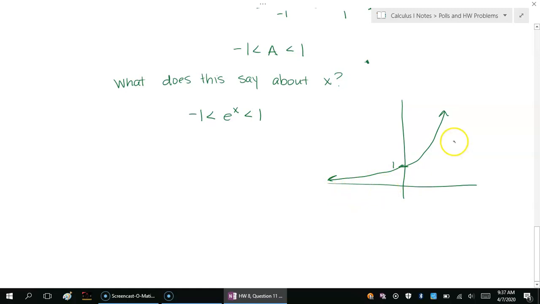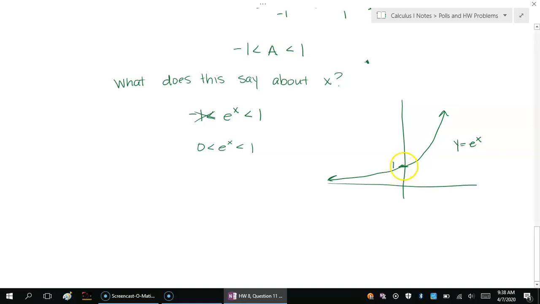So one thing I see again is that e to the x, the y values that I get, are always positive. So this is really redundant. I can say that 0 is less than e to the x is less than 1. So I'm looking for the x values on my graph, where the corresponding y value is between 0 and 1.